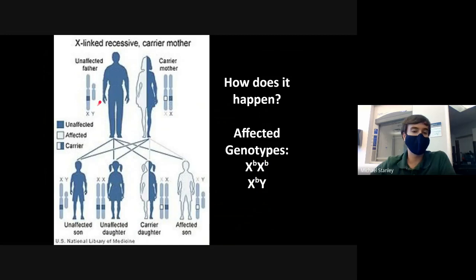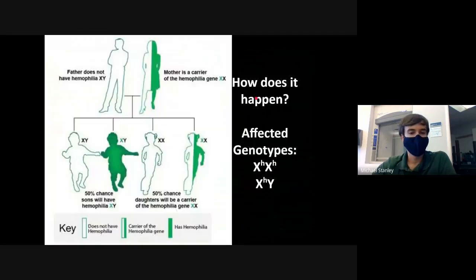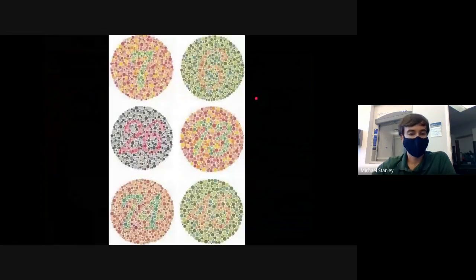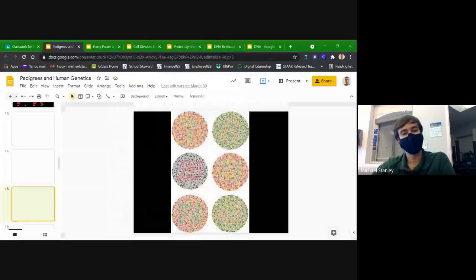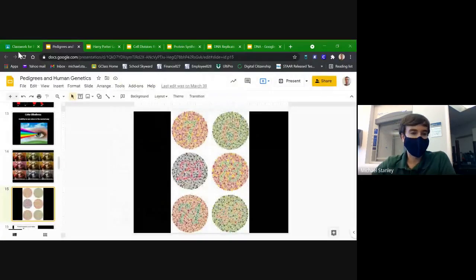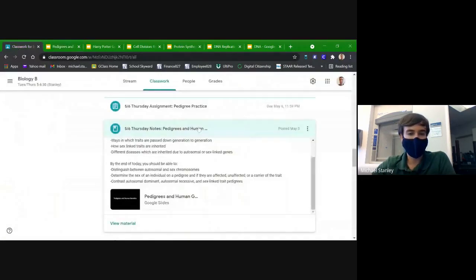Since the male children only get the Y chromosome from their dad, it depends on if they get the recessive trait or the dominant trait from their mom. That's the person who will pass it on to the male children. All right, so that was how to read a pedigree.